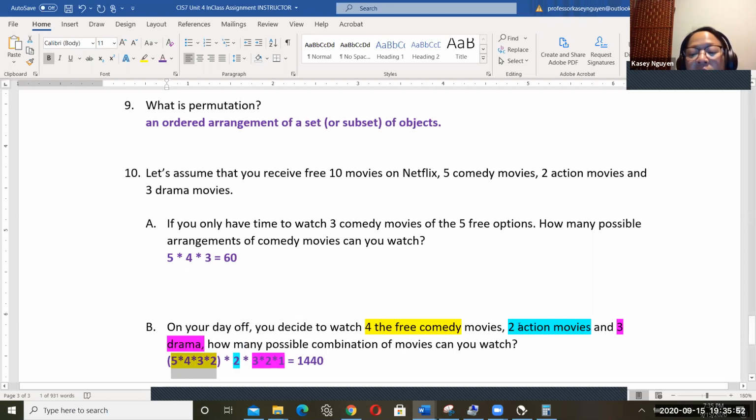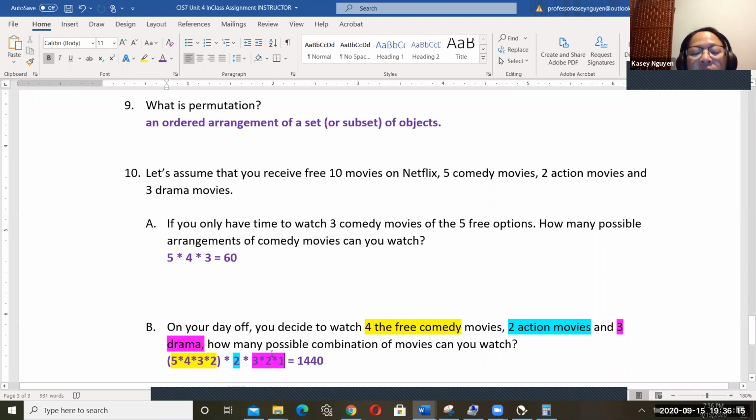Since we have only 2 action movies and we're watching both of them, so you just multiply by 2. And then we have 3 drama movies and we're watching all 3 of them, right? Then you have 3 times 2 times 1 for the drama.